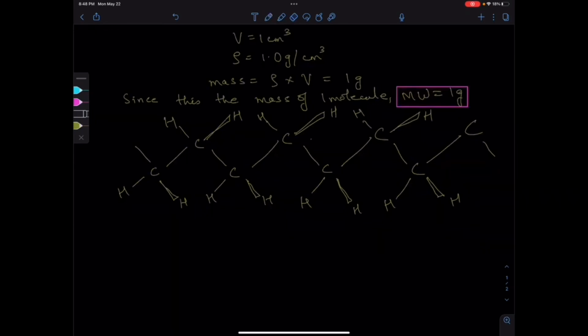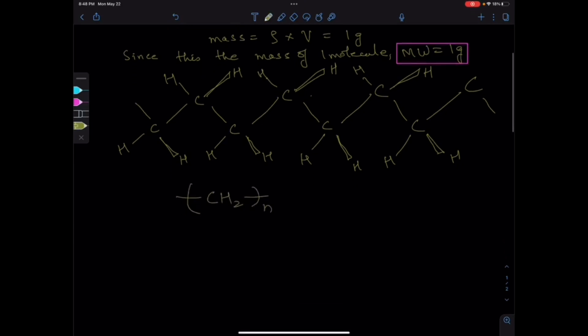To find the contour length, let's see how many mers are there in this polymer chain. So each mer is CH2. It's getting repeated n times.